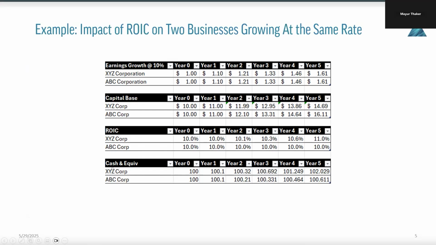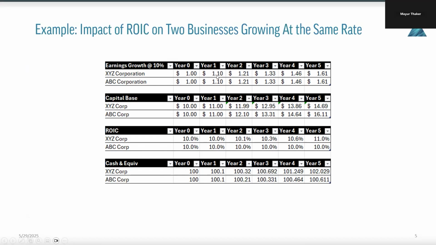It means that by year five, the amount of cash that XYZ is going to have on its balance sheet is going to exceed the amount of cash that ABC has on its balance sheet. You can see that all this is doing is taking the incremental profit every year, minus the growth in the capital base.